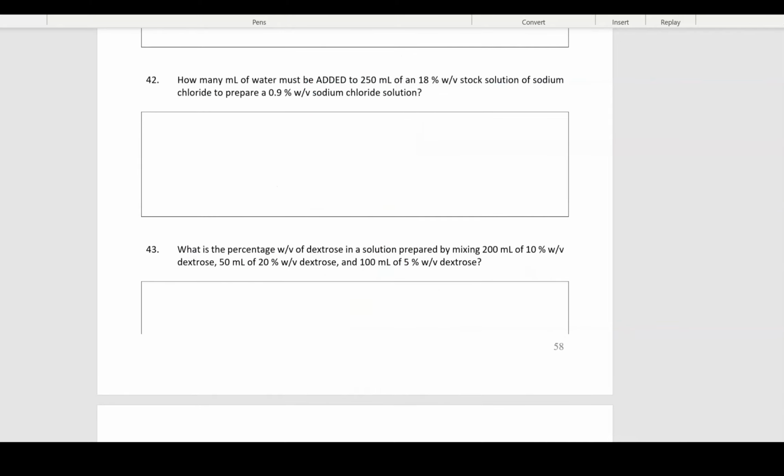How many milliliters of water must we add to 250 milliliters? Our first volume is 250, and the concentration C1 is 18%.